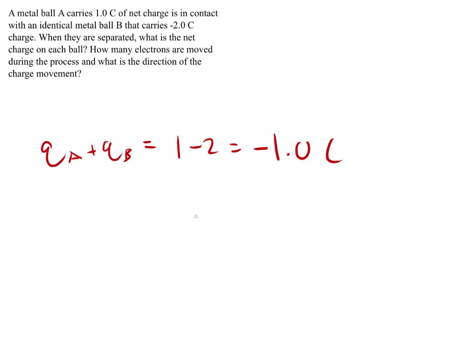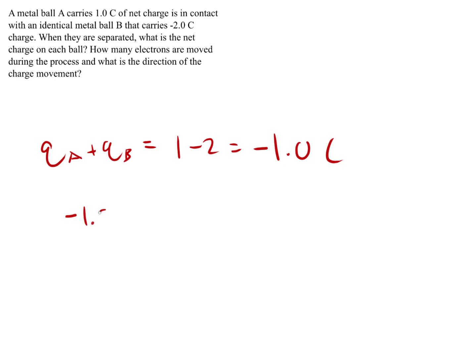Now, that -1 coulomb is the overall net charge of the system when both are in contact like this. But once they separate, they actually each only have half of the charge, since this -1 coulomb is spread out throughout the entire two balls. So when you separate them, each ball carries away half of the total charge of the system.